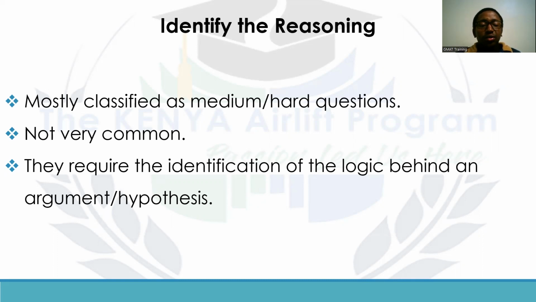They are not usually very common, but they require the identification of the logic behind an argument or a hypothesis. Basically you'll be provided with an argument that contains a set of premises, and then you'll have some kind of logic linking the two. Then you are required to identify how this logic connects to the conclusions.